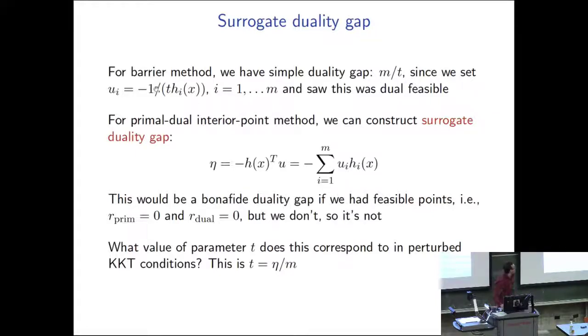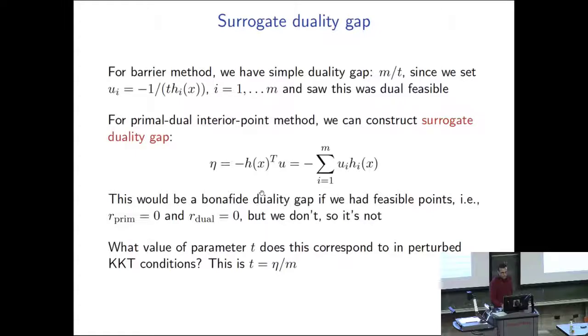And that was valid because this u and the v that was defined in terms of w were dual feasible. For the primal dual interior point method, we don't necessarily have dual feasible iterates, so we don't have a nice duality gap, but we can construct a surrogate duality gap, an approximate duality gap.